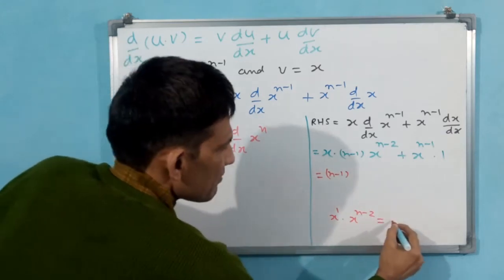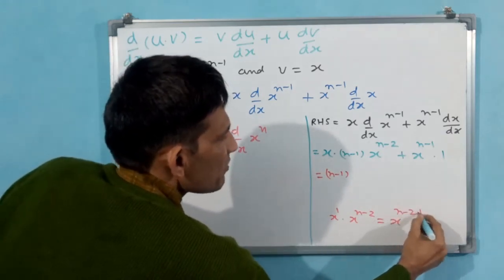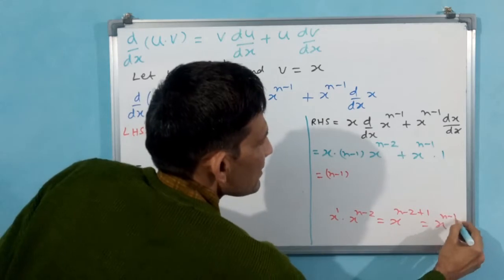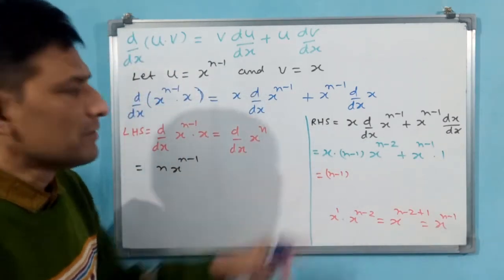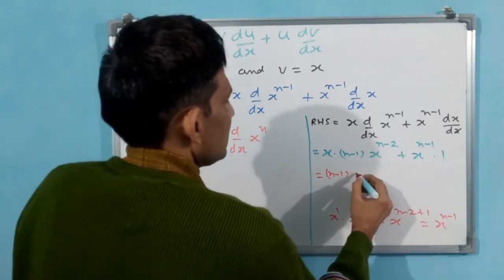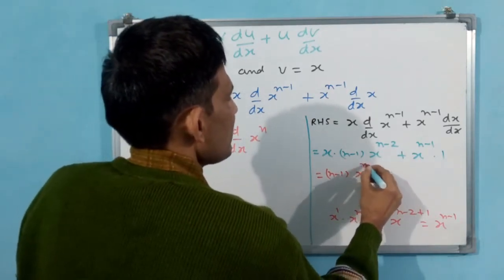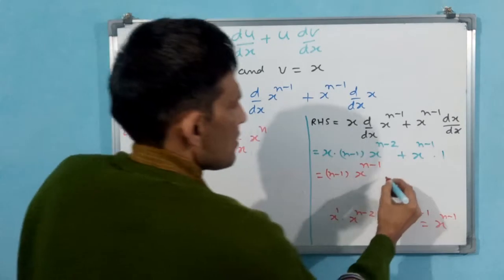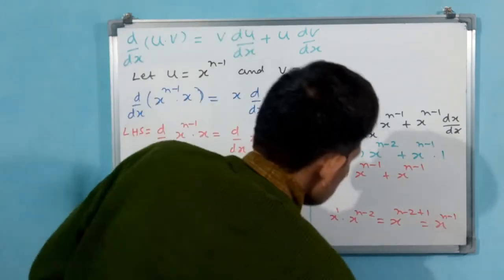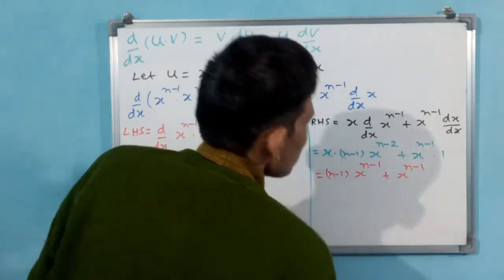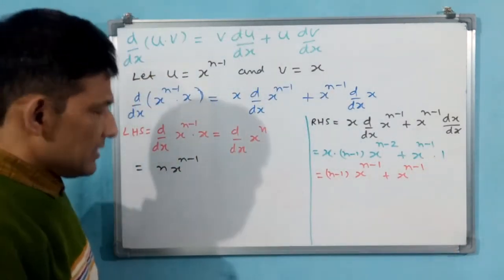Now what will happen? Bases are same. N minus 2 plus 1, that is equal to x power n minus 1. Is it okay? Definitely okay. Write down x power n minus 1. Okay. Plus again here x power n minus 1. Okay. X power n minus 1 into 1 means x power n minus 1 only.